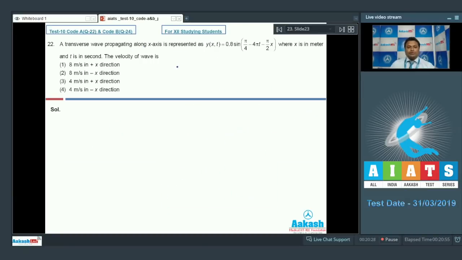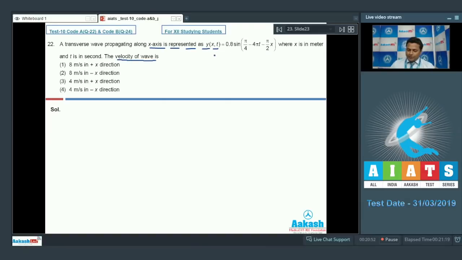So here is question number 22. A transverse wave propagating along the x-axis is represented by y, a function of x and time, is 0.8 sine of pi by 4 minus 4 pi t minus pi by 2 x, where x is in meters and t is in seconds. What will be the velocity of the wave?